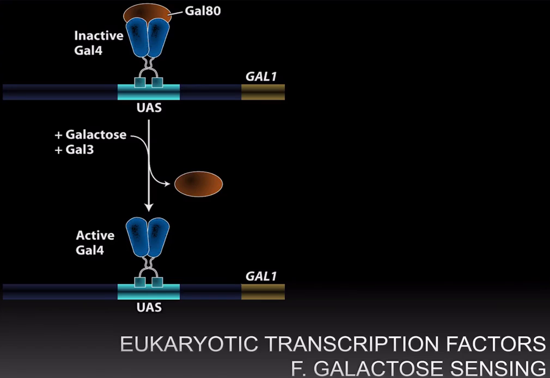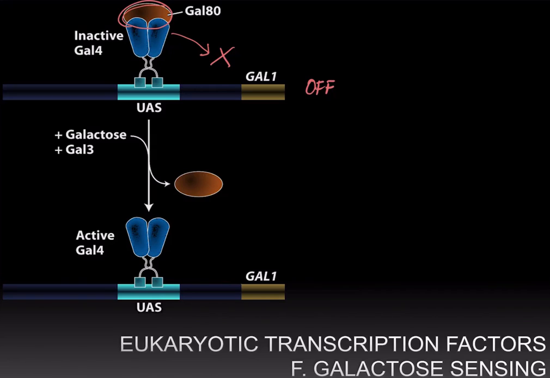Finally, let's discuss how galactose sensing actually works. Now, when the yeast do not have access to galactose, then a protein called GAL80 binds to the GAL4 activation domain and prevents it from recruiting RNA polymerase.